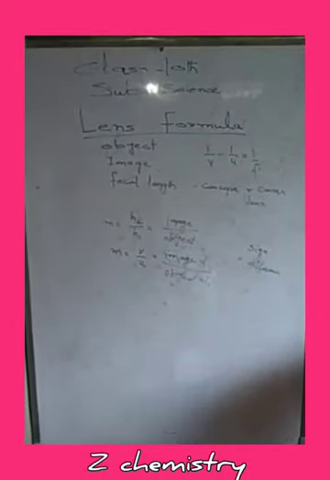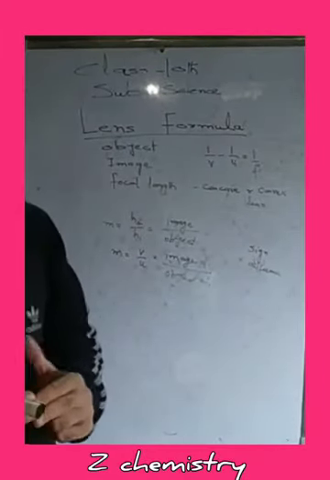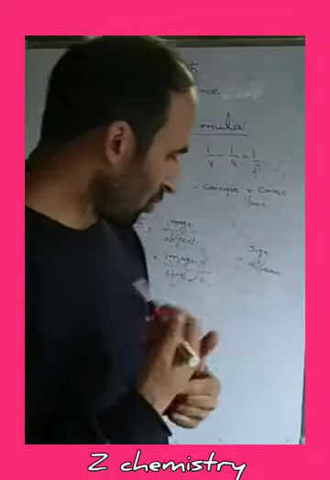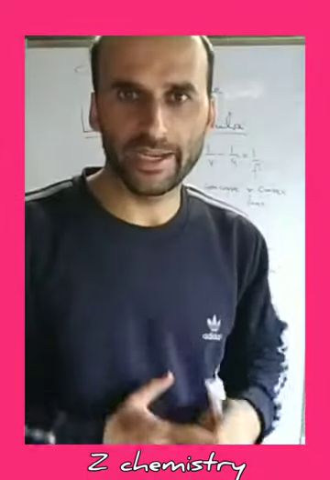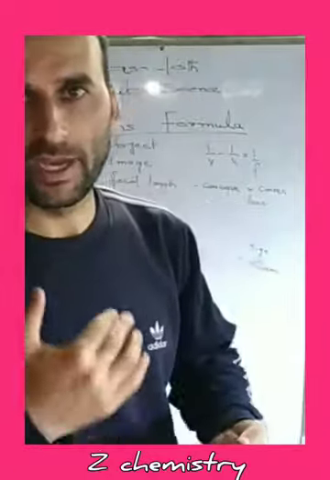And this relationship between the object distance, image distance, and focal length gives us the information about the magnification of the lens, in which we come to know about the ratio of the height of the image to the height of the object.